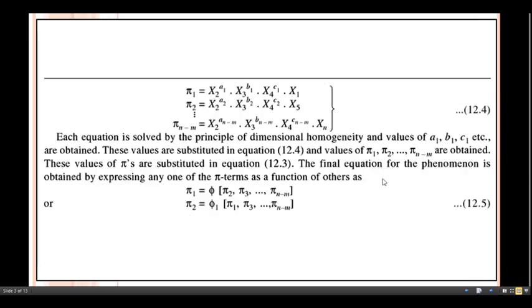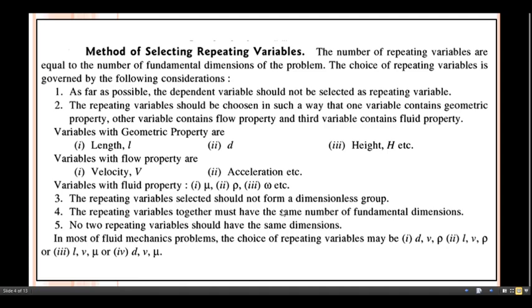The final equation for the phenomenon is obtained by expressing any one pi term as a function of the others. So pi 1 is a function of pi 2, pi 3 up to pi n minus m. Similarly, pi 2 is a function of pi 1, pi 3 up to pi n minus 1. So this series is repeated.